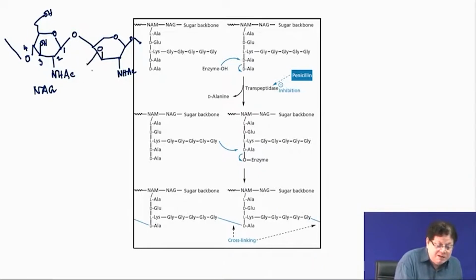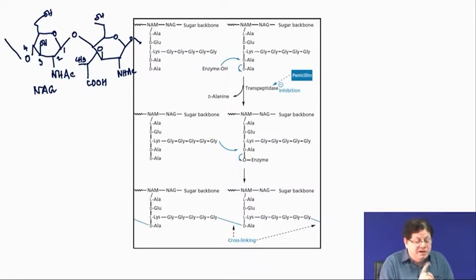So, that is attached to a lactic acid like this, and this is CH2OH. See, what is lactic acid? CH3CH(OH)CO2H. So, it is attached by an ether linkage. Okay. So, this is your NAG, this is your NAM, and this is your NAG.